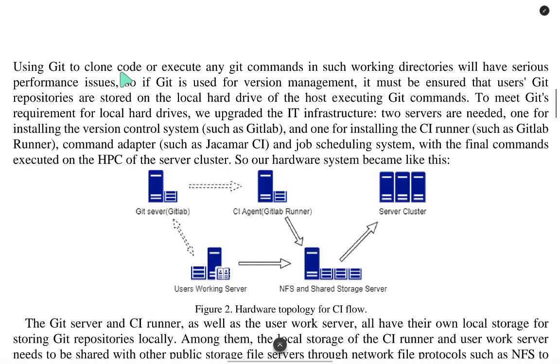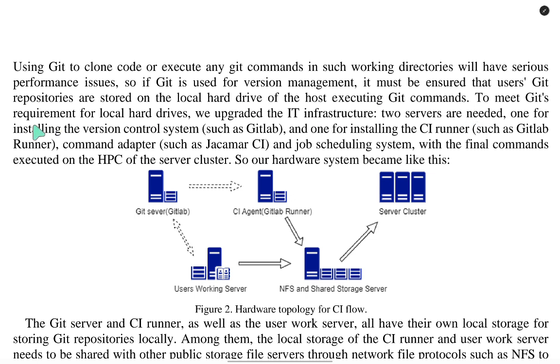Using Git to clone code and execute any Git commands in such working directories will have serious performance issues. So if Git is used for version management, it must be ensured that the user's Git repository is stored on the local hard drive of the host executing Git commands.